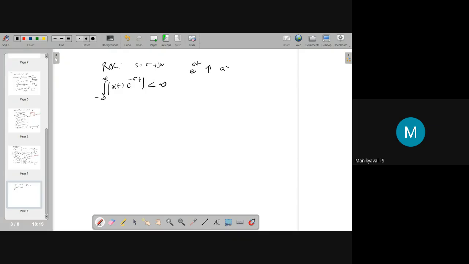E power at will go like this if a is greater than 0. And if a is less than 0, then it will decay.